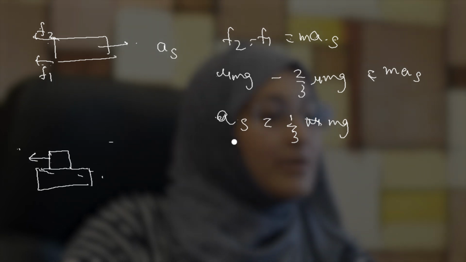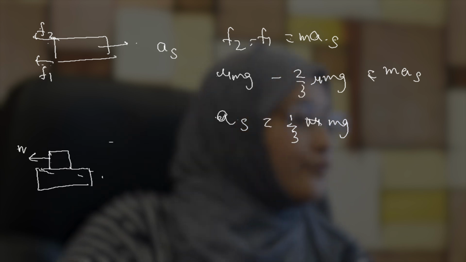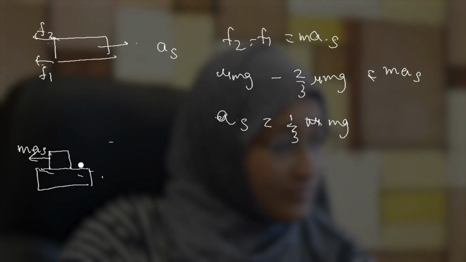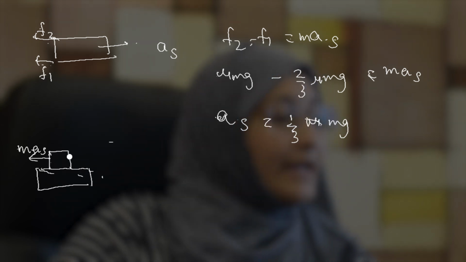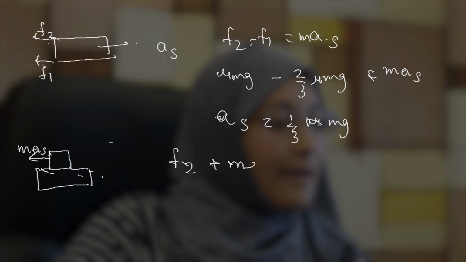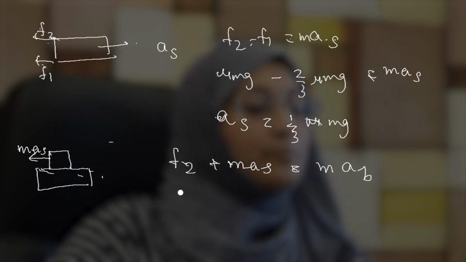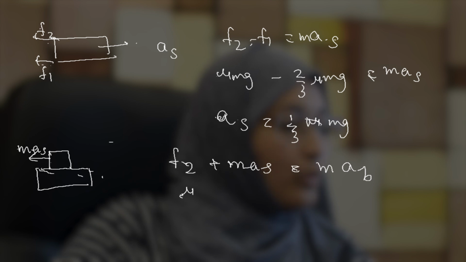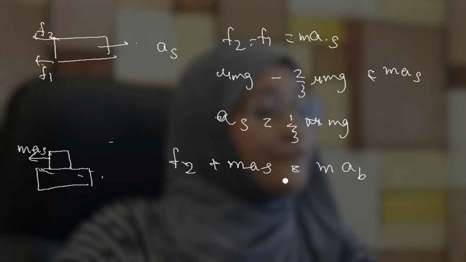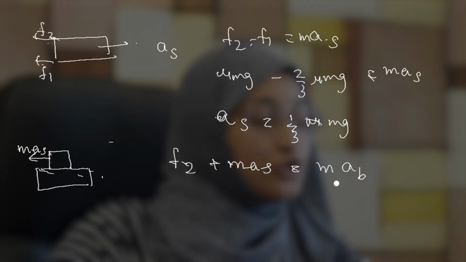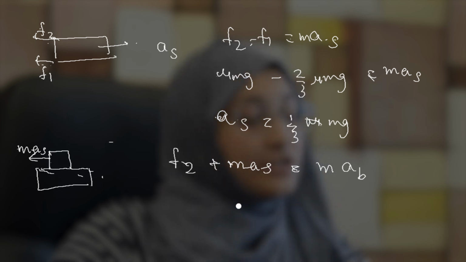Let that pseudo force be equal to mass into AS, right? So the force on the upper block will be F2 plus m AS, equal to mass into acceleration of the block. F2 we have calculated as nu mg.